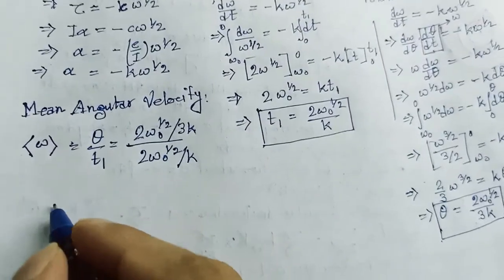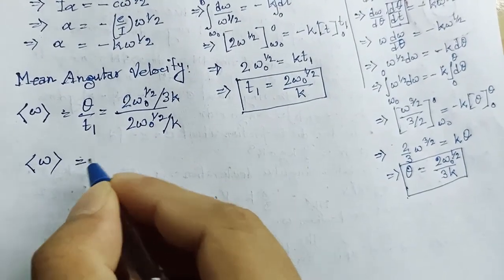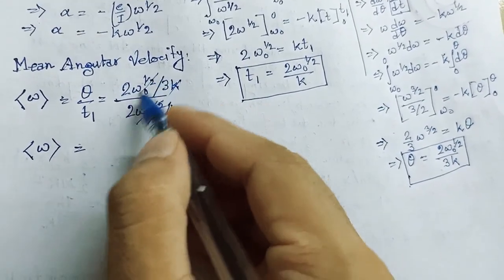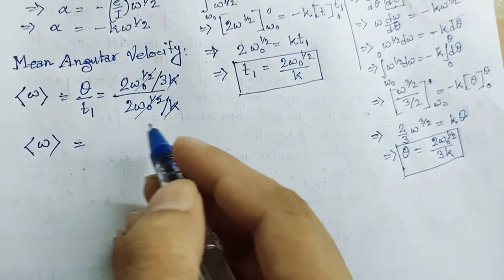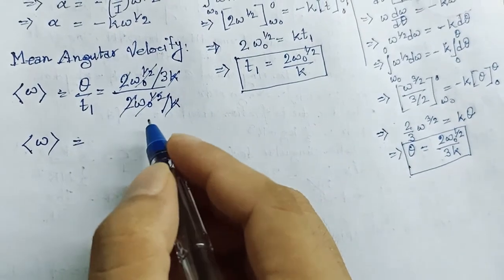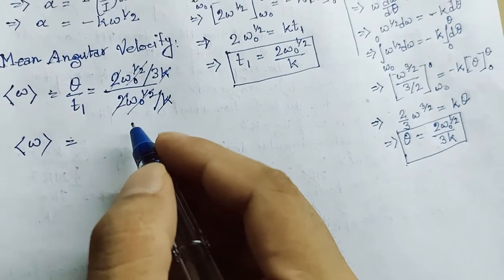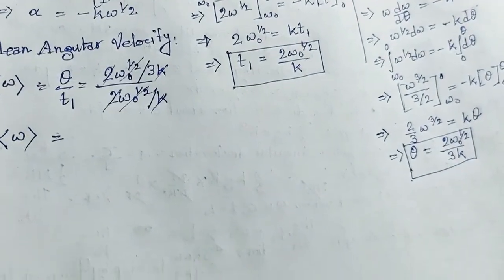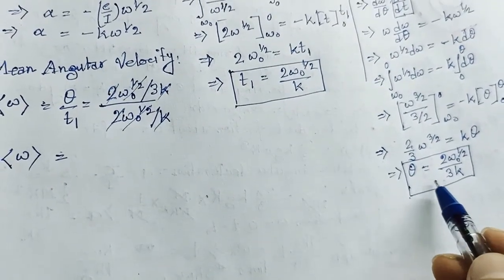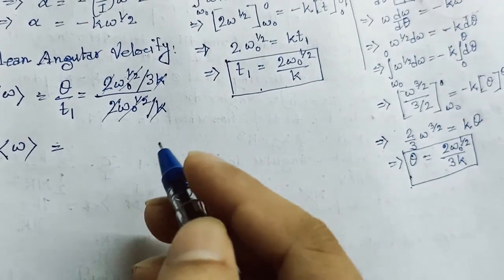So from this calculation we can find the mean angular velocity. The k will get cancelled, and the 2 also gets cancelled. We'll get omega naught to the power 3 by 2 in the numerator and omega naught to the power half in the denominator, with a 3.